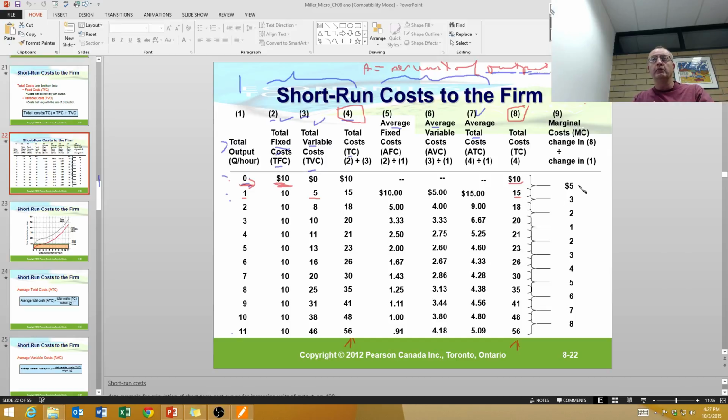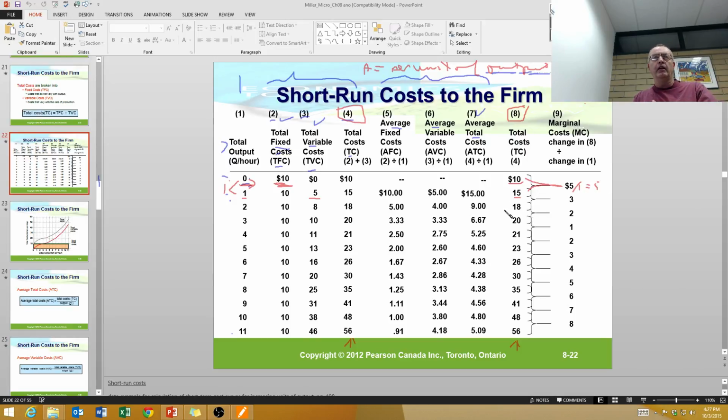So our marginal cost is the change in total cost, 15 minus 10 equals 5. And how many additional units of output did we produce? The answer is 1, so 5 divided by 1 equals 5.